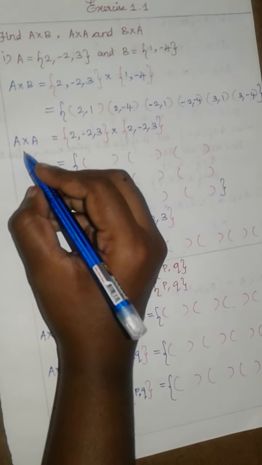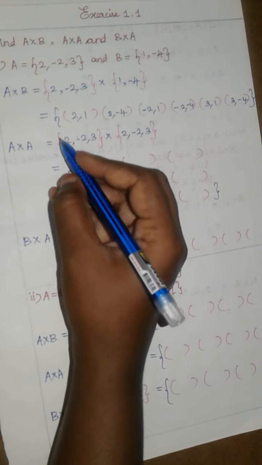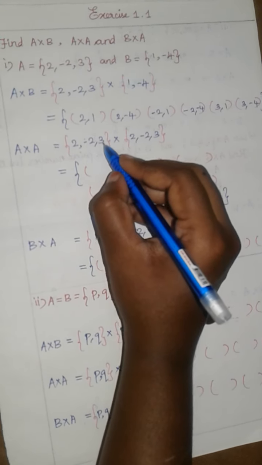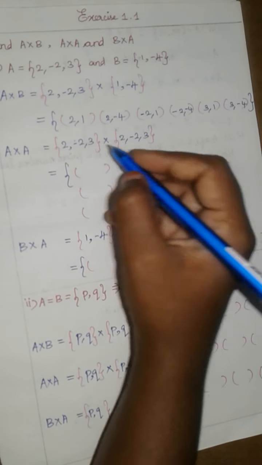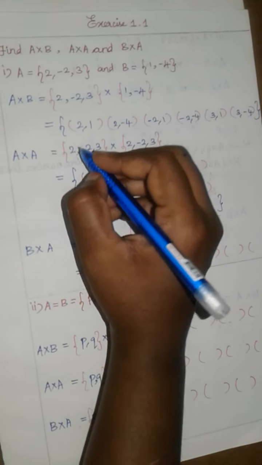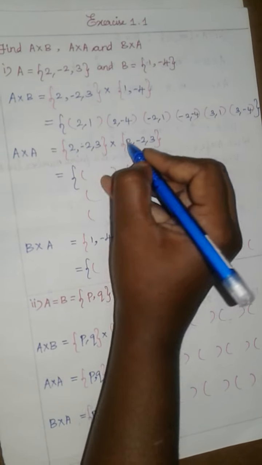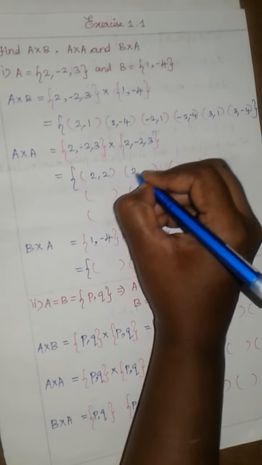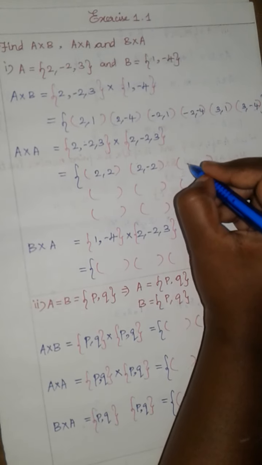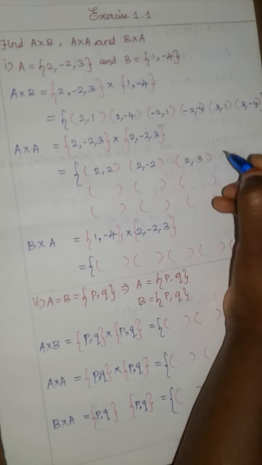In the same manner, finding A cross A. A cross A is equal to A set into A set. Here finding the Cartesian product, the possible ordered pairs. Here (2, 2), then (2, -2), then (2, 3).